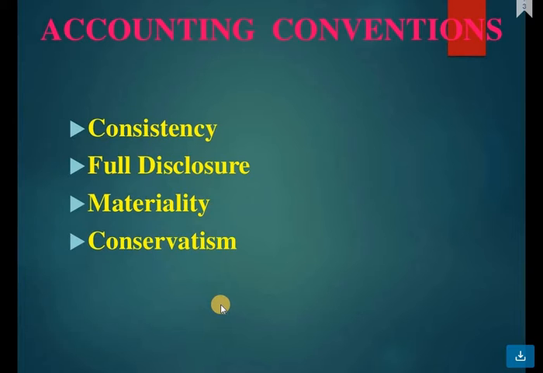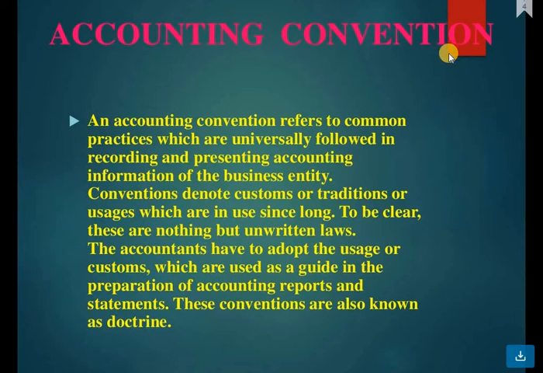So what is this consistency? So what is accounting convention? Well, let us see. An accounting convention refers to common practices which are universally followed in recording and presenting accounting information of the business entity. So it is nothing but common practices of recording the transactions.